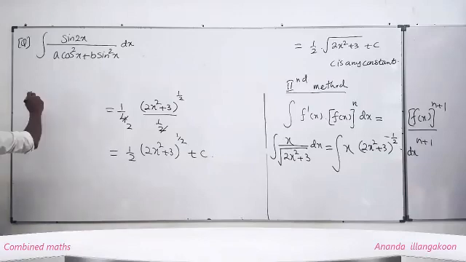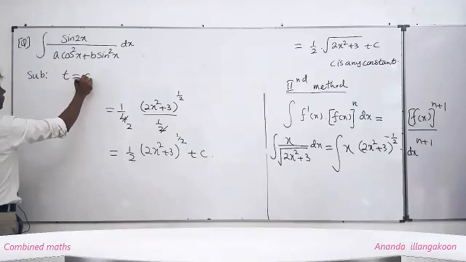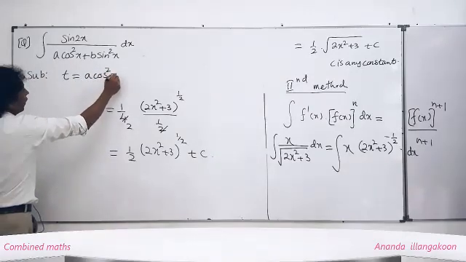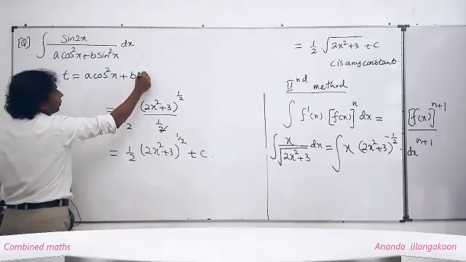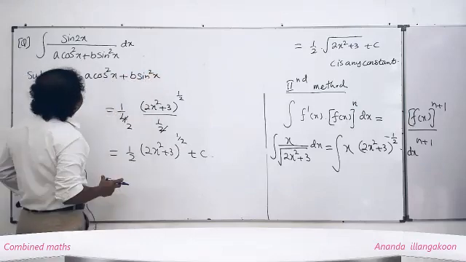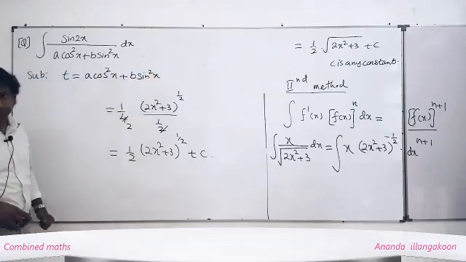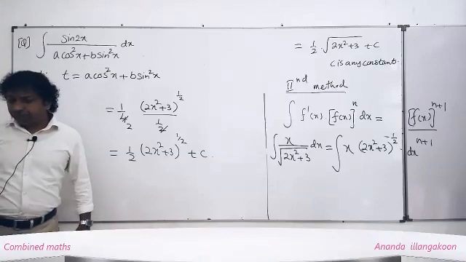Take the substitution t equals a cos square x plus b sin square x, where a and b are constants.